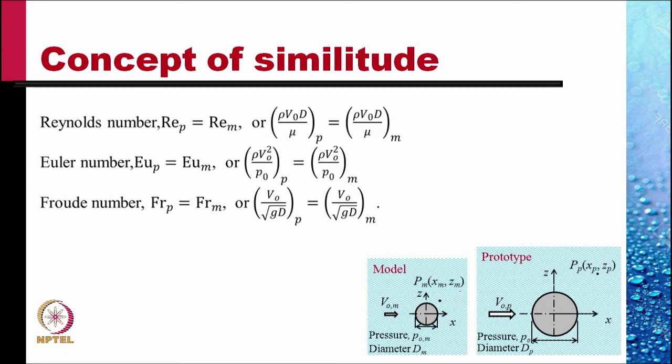So, if the two experiments are to be similar, if the two flows have to be similar, the Reynolds number should match. That is, rho V naught d by mu of the prototype should be the same as rho V naught d by mu of the model. Similarly, for the Euler number and Froude number.